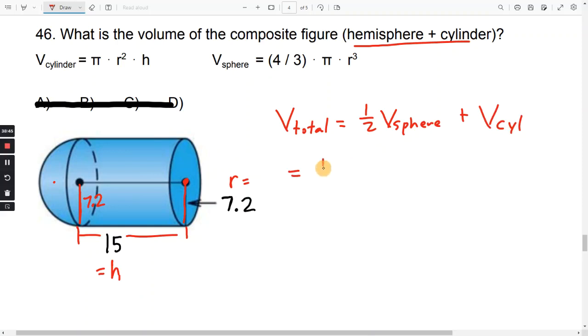Alright, so we have 1/2, and the volume of the sphere is 4/3 pi r cubed. So that's 1/2 times 4/3 pi r cubed. And the cylinder is pi r squared h.